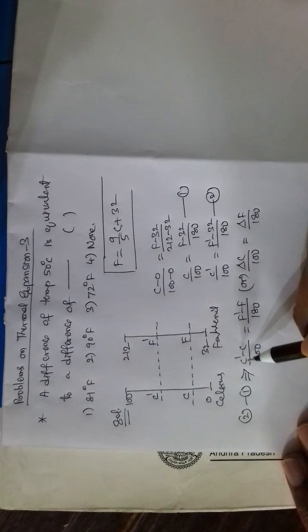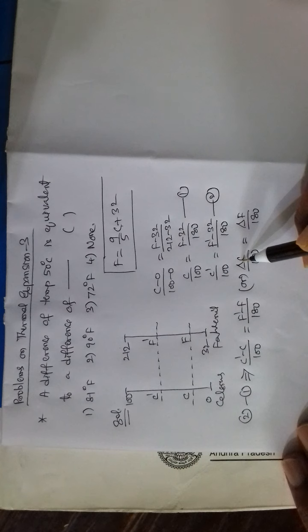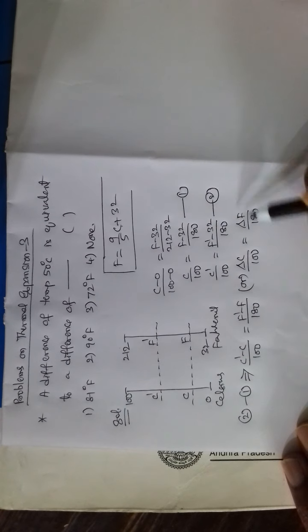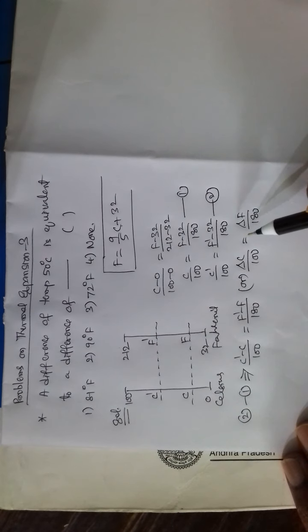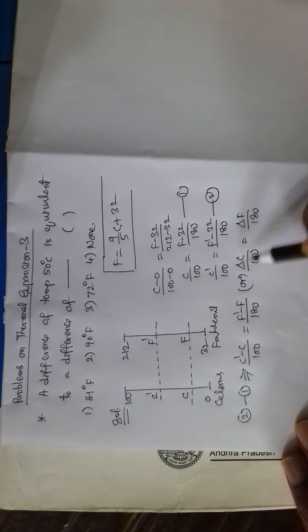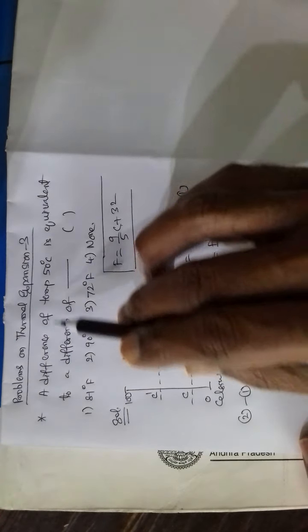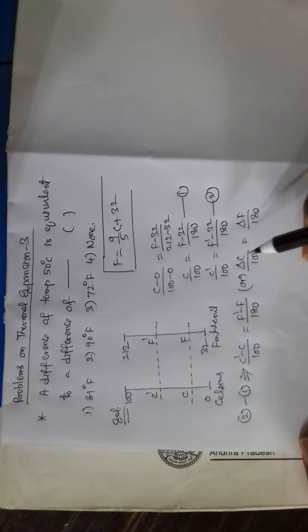It means the difference in two temperatures in Celsius, and here the difference in two temperatures in Fahrenheit. Now a difference of temperature 50 Celsius is given, Fahrenheit you have to find out.